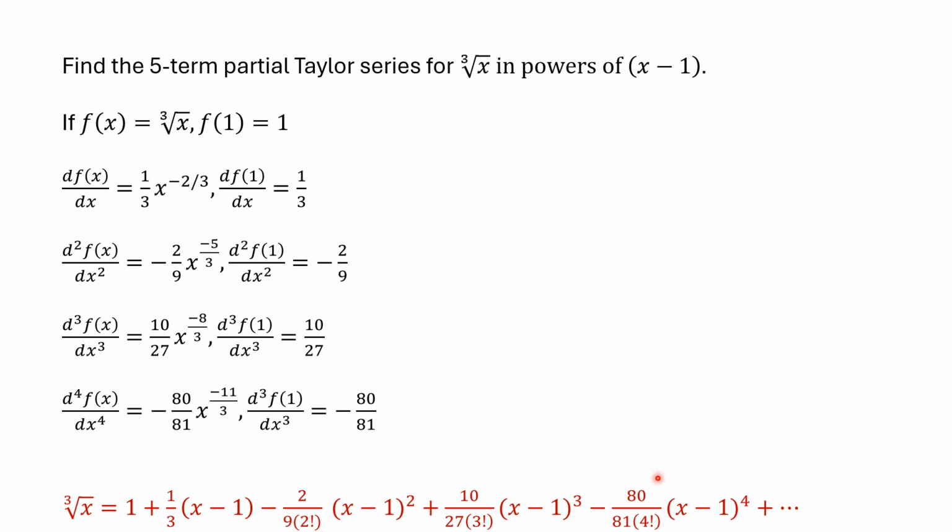And then we got negative 80 over 81 over 4 factorial. This one alternates in sign, positive, negative, positive, negative, positive, and it would continue on. So there is an alternation in this particular one.